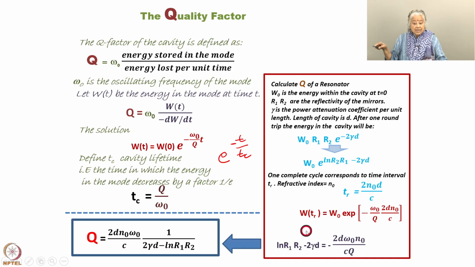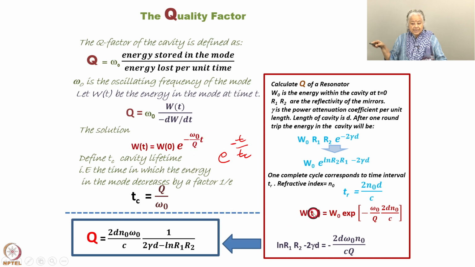Now, the energy at the end of this one round trip, W at t equal to TR, is equal to W0 exponential minus omega 0 by Q times 2 d N0 by C. Basically, I have just taken this expression itself and substituted TR in place of t.